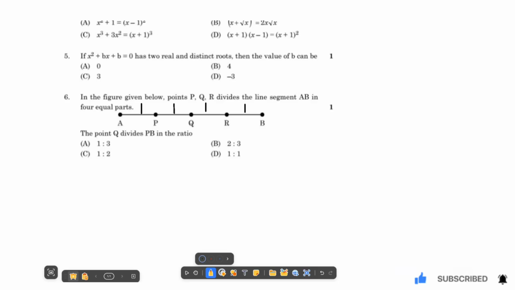Now the question is, the point Q divides PB in the ratio. This Q divides PB in the ratio, P to B, this one. We know that to the left side of Q we have one part, and to the right side of Q we have two parts.